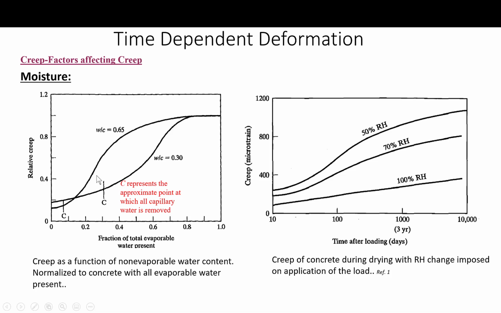Basically it's higher when the water cement ratio is higher. The amount of creep that occurs when concrete is dried as well as loaded depends on relative humidity and time, as we can see in this figure right here. This is at 100%, this is at 70%, and this is at 50% relative humidity.